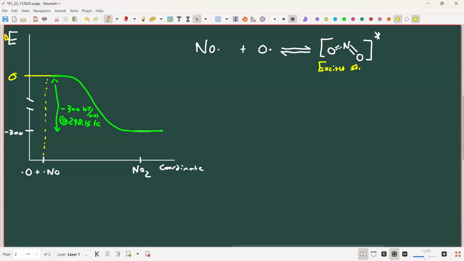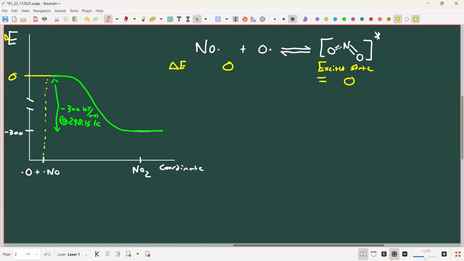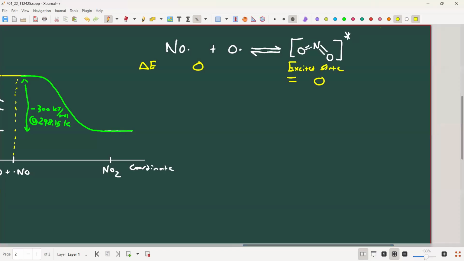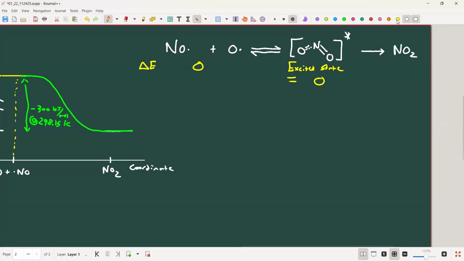What's the energy of this excited state? Well, the energy of the reactants is 0, and therefore the excited state should be 0. They just come together. And then you eventually form your NO2 product at minus 300. So we have to find some way to kick this energy out. That's a lot of energy.